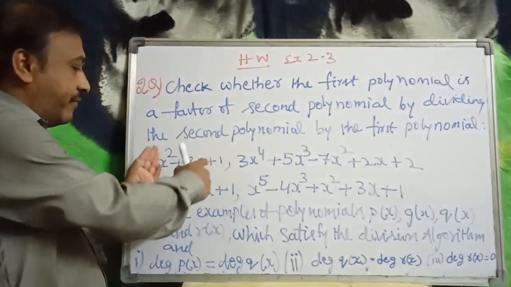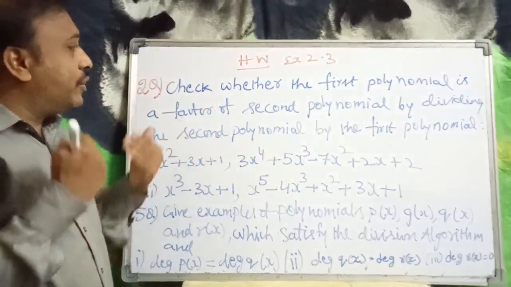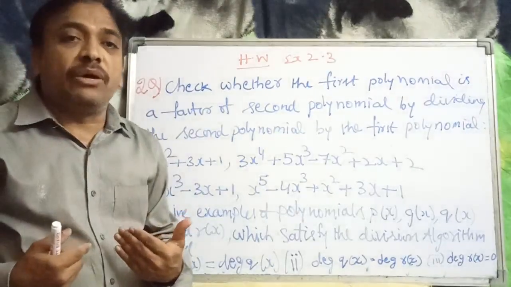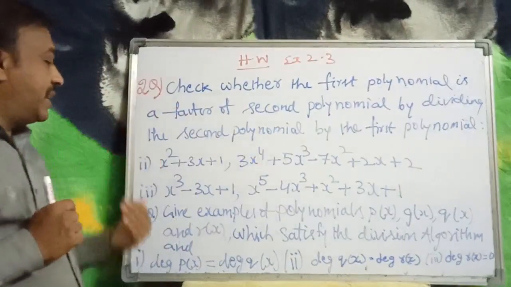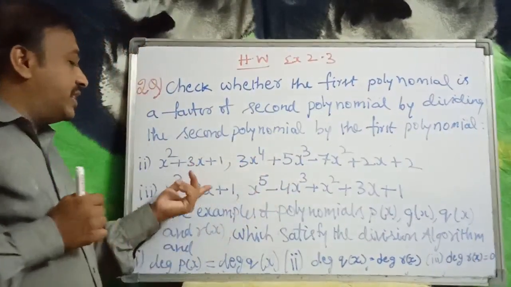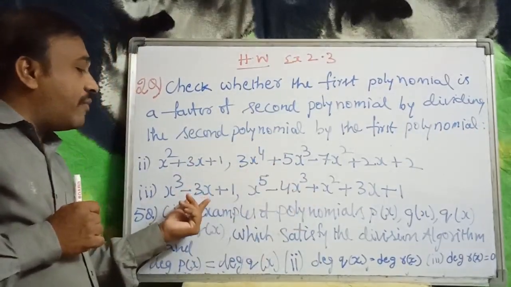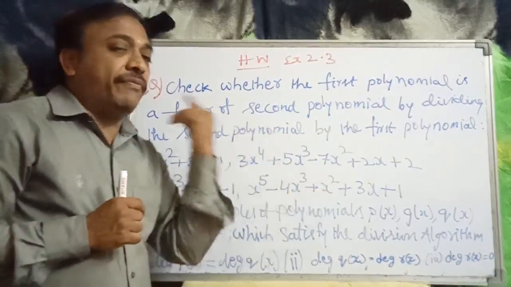You divide using the long division method, and if you get remainder 0, then the first one will be a factor. Similarly for the second one, you have to divide this by this. This is the divisor and this is the dividend. That means this is g of x and this is p of x.